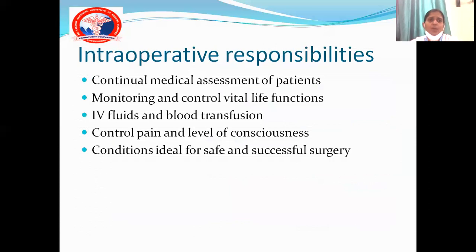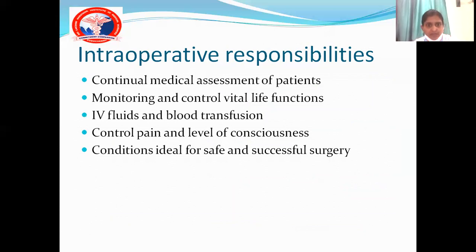Now coming to the intraoperative responsibilities, continual medical assessment of the patient is important. Monitoring and control of the vital life functions inside the operation theatre is an important responsibility of the anesthesiologist. So we take care of the IV fluids so as to counter the intraoperative fluid shifts.